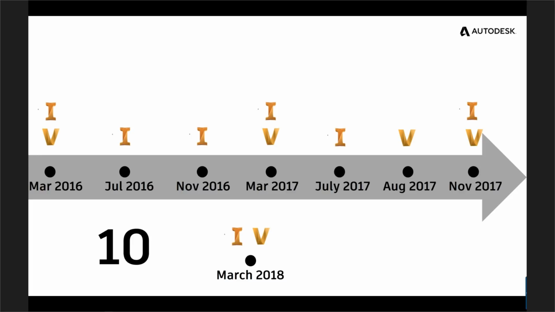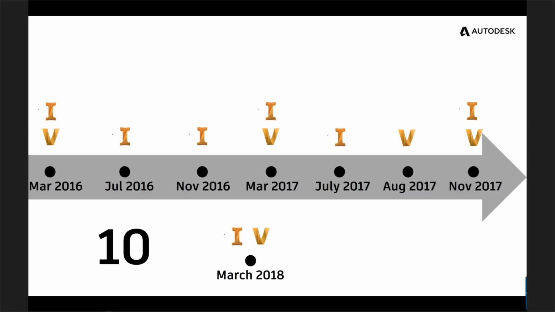What that means is we've been able to deliver 10 releases of Inventor in the last 24 months. If you've been a long-time Inventor customer, that's almost crazy talk, right? But we've been able to deliver updates about every 12 weeks, including major updates as well as these dot updates to give users additional functionality throughout the release cycle of the product.